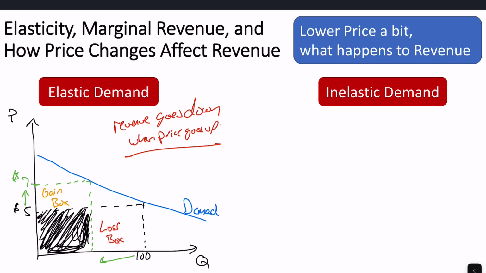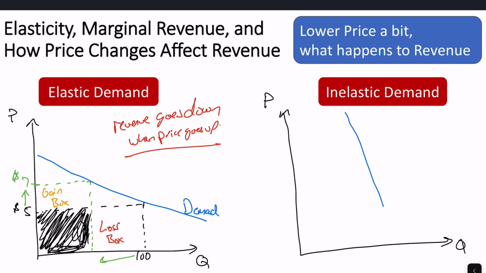Now we can contrast that with an inelastic demand curve. And over here, we will have a steep demand curve. And I'm going to try to draw similar price changes for you.